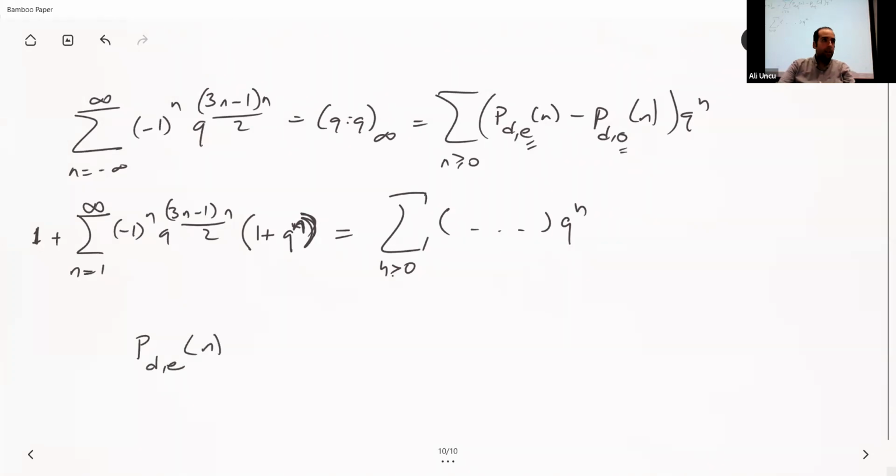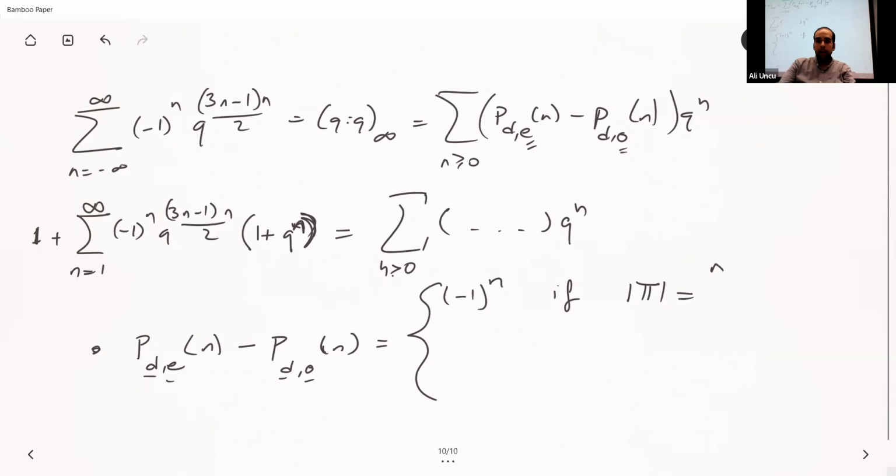If you're looking at any integer n, and you look at the difference between the number of partitions of n into distinct parts where the number of parts is even, minus the number of partitions of n into distinct parts where the number of parts is odd, this is either this term, (-1)^m, if n is of the form m(3m plus or minus 1) divided by 2 for some m.